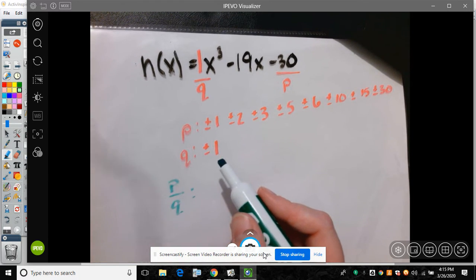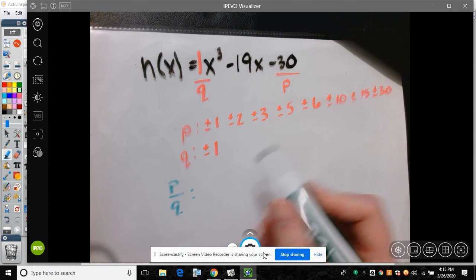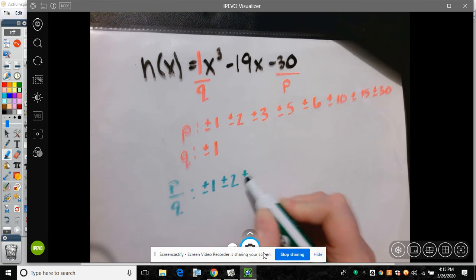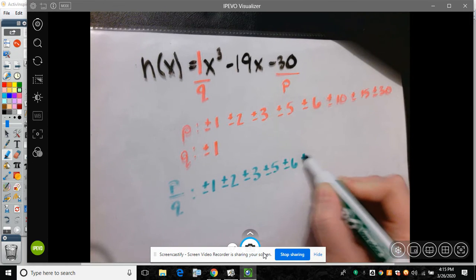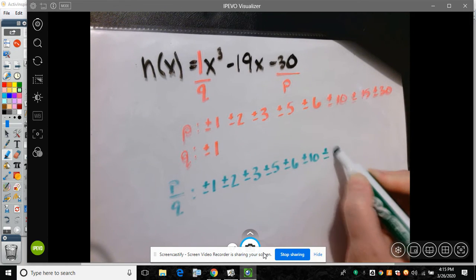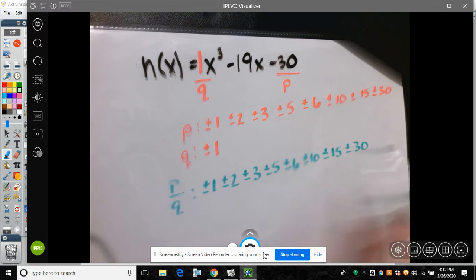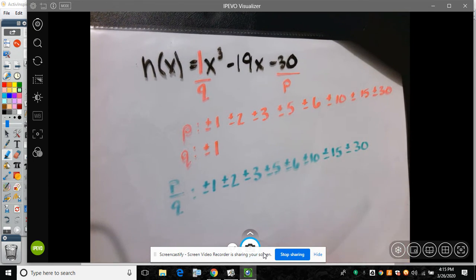So I'm going to take each of these values and divide it by 1, so it's really just each of those again: plus or minus 1, 2, 3, 5, 6, 10, 15, and 30. That means if I'm going to have a rational zero to this function, it's going to come from this list right here.